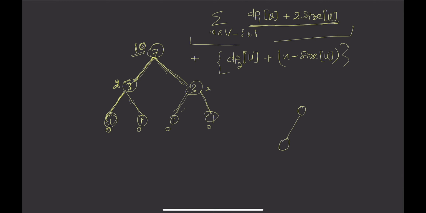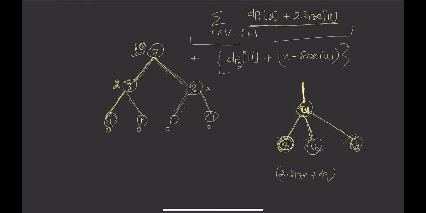So this has V1, this has V2, this has V3, this is my U. So I've calculated 2 times the size of this, so 2 times size plus dp1. So I'm calculating this value, so what all values do I need?